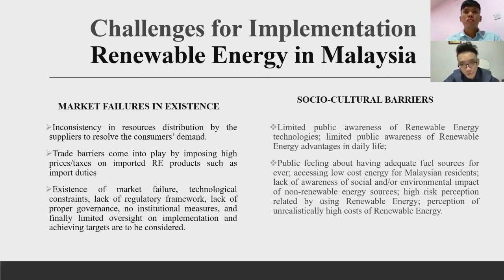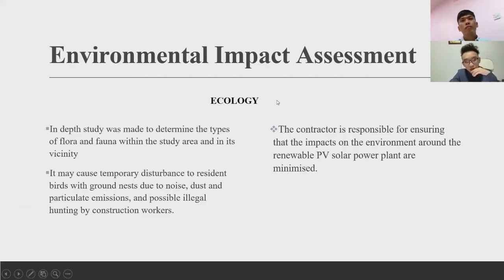We can get it so easily, so the public does not have much awareness of renewable energy. There is also a perception of unreliable, high-cost renewable energy. Next, so now we will pass to my friends.